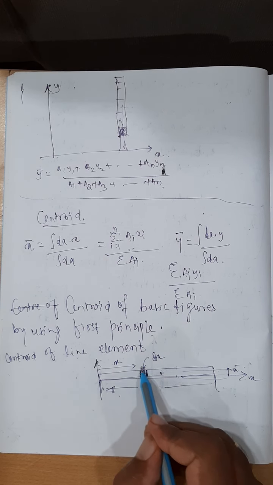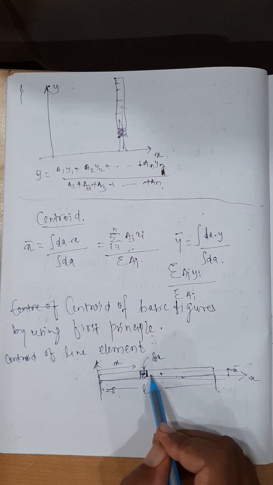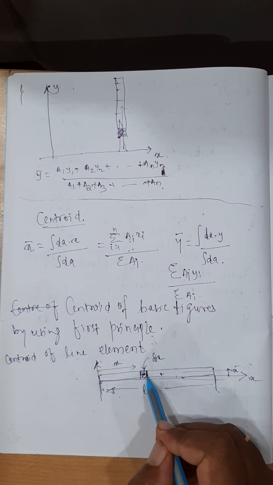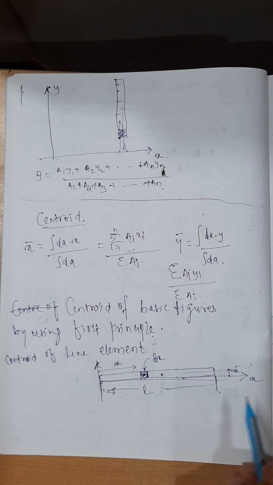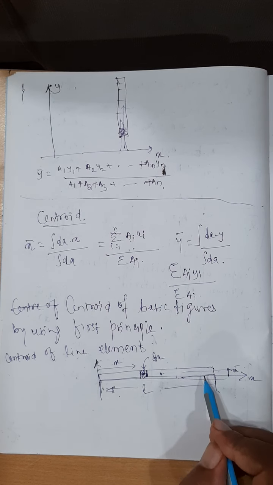If that is the case, where is the center of it? As this dimension is negligible, you can take it approximately as located at a distance equal to x. Therefore, what is the area of this figure? The thickness is negligible.